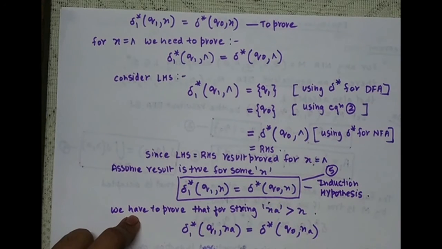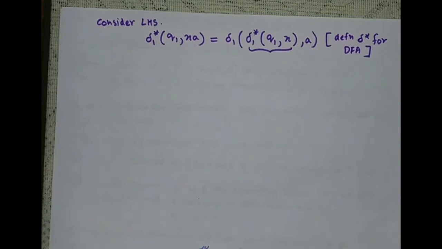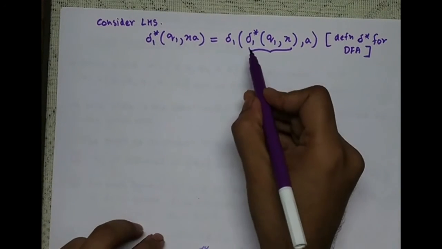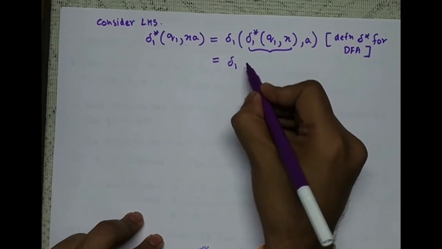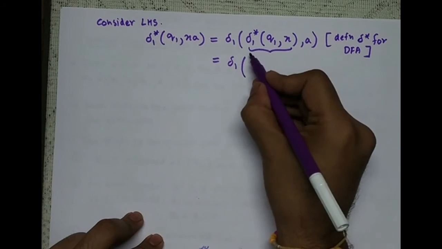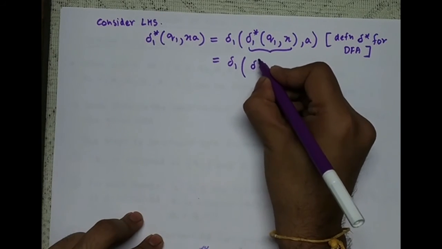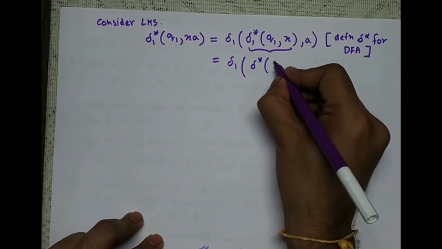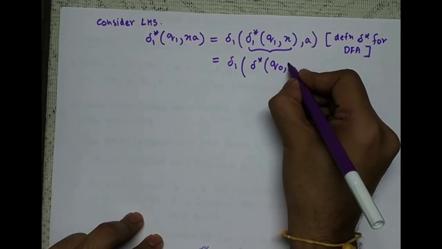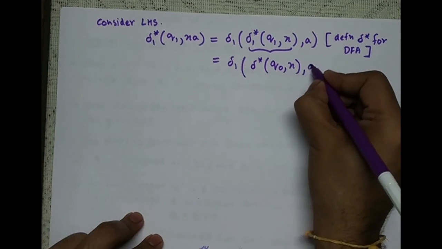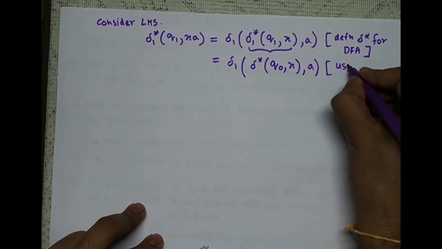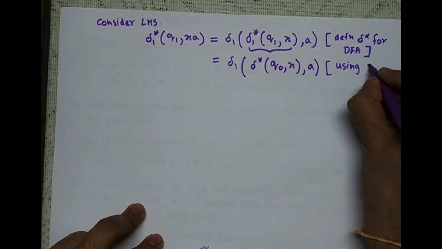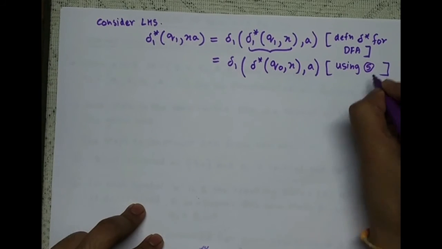So using equation 5, the induction hypothesis, I can now write this as del of del star of q0 comma x, comma a.